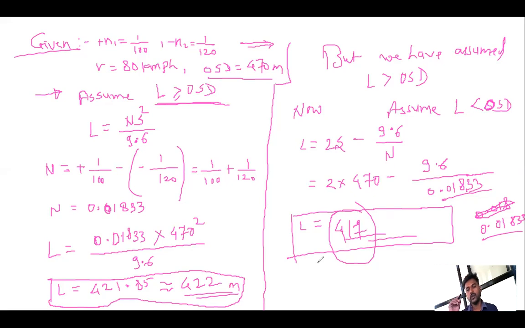While calculating n, you have done n is equal to 1 by 100 plus 1 by 20. Keep that answer as it is. After that, do 2 into 470 minus 9.6 divided by answer. Likewise, directly do the calculations by calculator. No need to type 0.018. Directly divide by the answer. It will give you the more accurate answer.